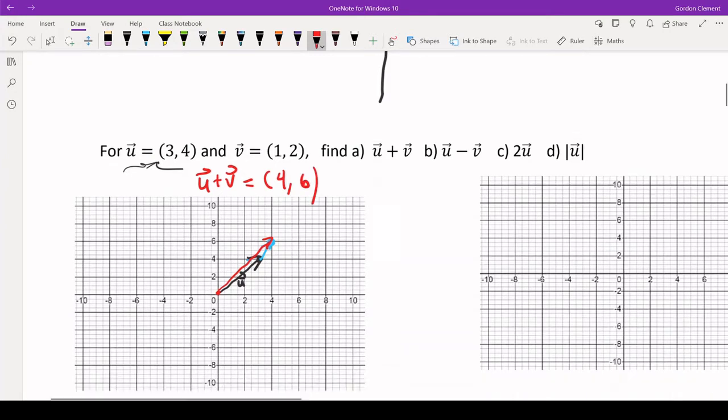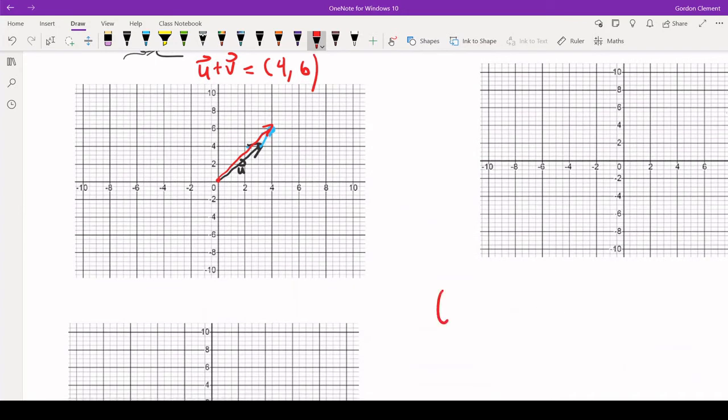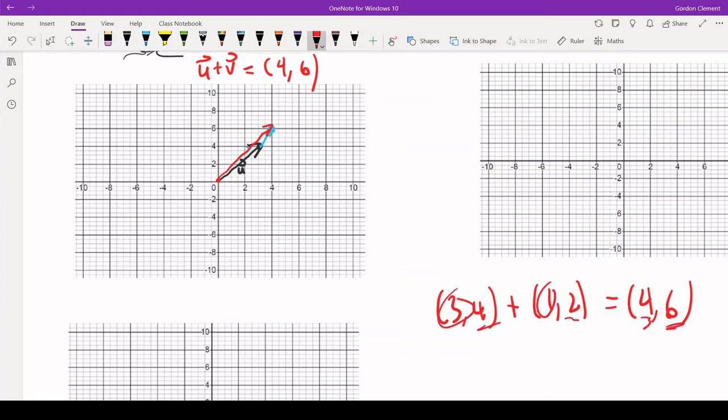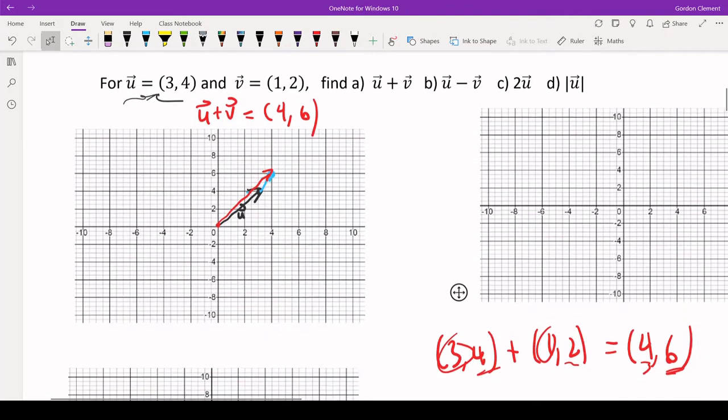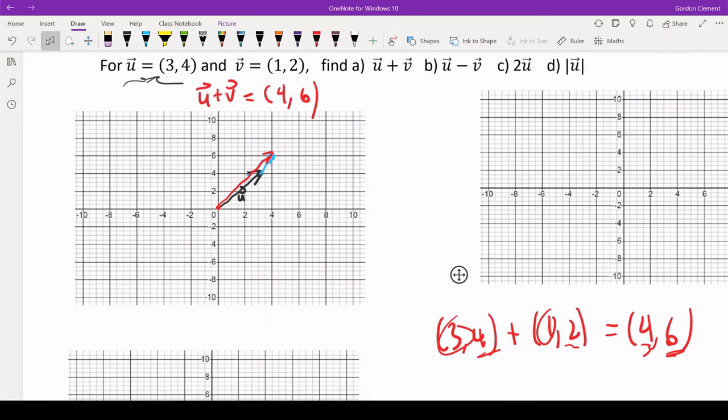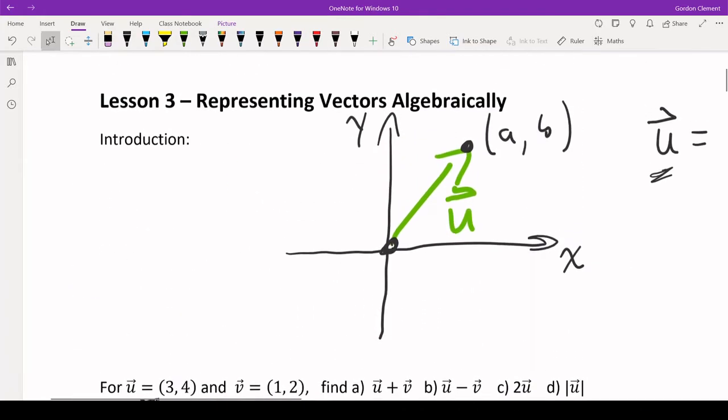And what we've just shown is (3, 4), that was u, plus (1, 2), that was v, equals (4, 6). And isn't that really convenient? If you add the x's, you get this value. If you add the y's, you get this value. So the wonderful thing is we've decided that to add vectors, you draw them head to tail and connect from the start to the end, and we've come up with this algebraic way.